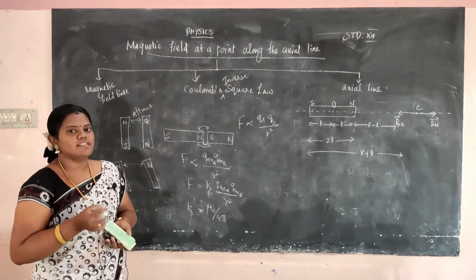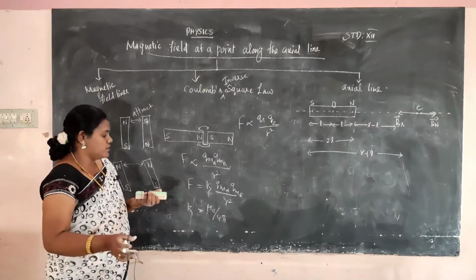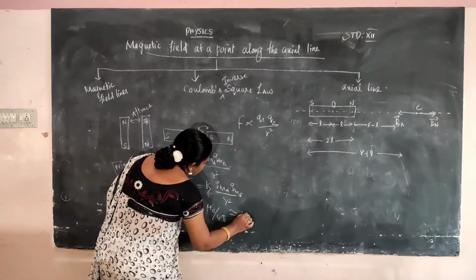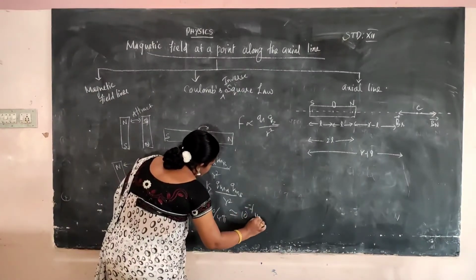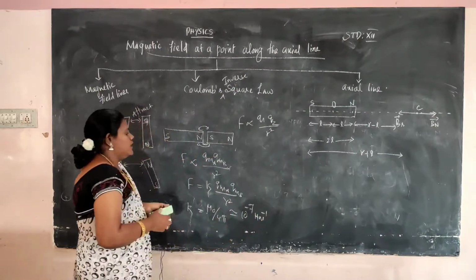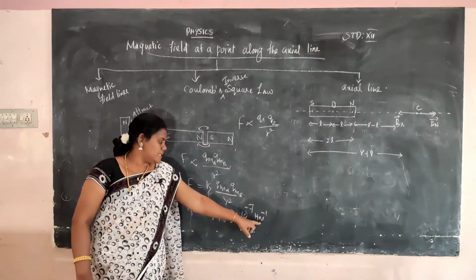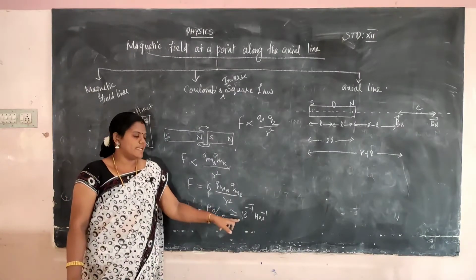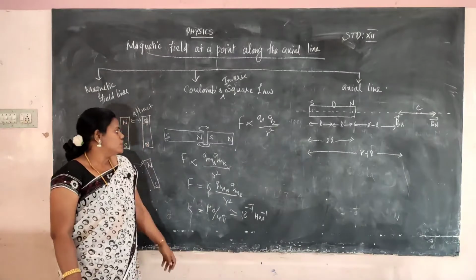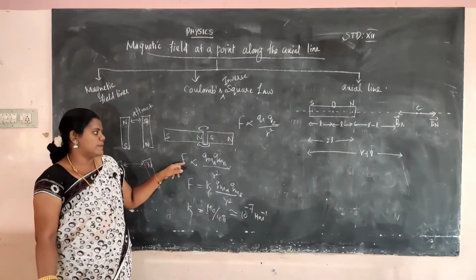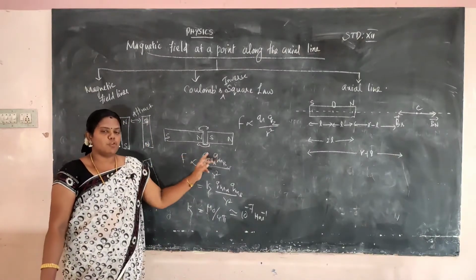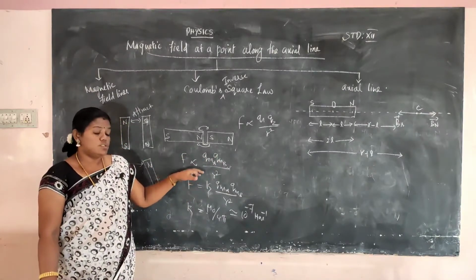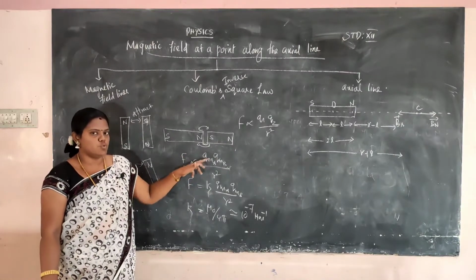So 4 pi is 3.14. K is equal to mu naught by 4 pi, and the value is nearly equal to 10 power minus 7 Henry per meter. The unit is Henry per meter. So the force of attraction or repulsion is directly proportional to the product of the two pole strengths and inversely proportional to the square of the distance between the two magnets.